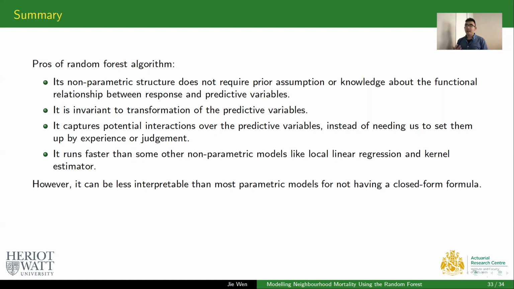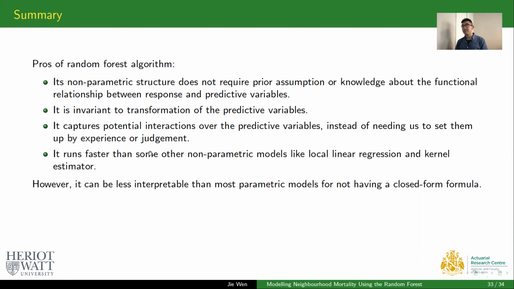For example, if the product of two predictor variables can be a very useful additional variable, in the random forest model we don't need to set this up, but in many commonly used parametric models, for example GLM, we have to add an additional predictor x1 times x2 alongside all the other variables, which requires quite a lot of judgment or experience.